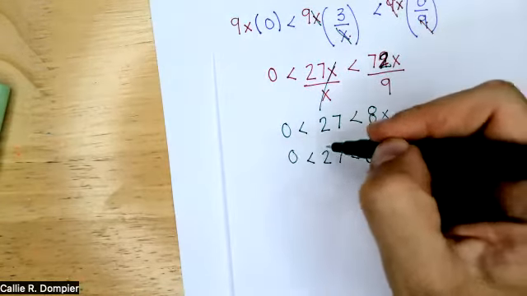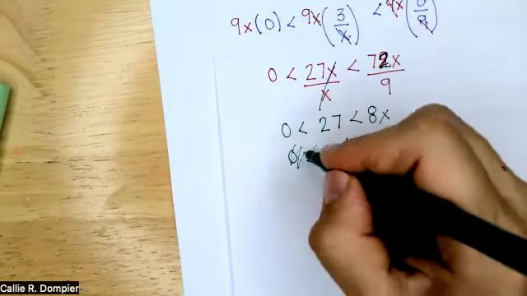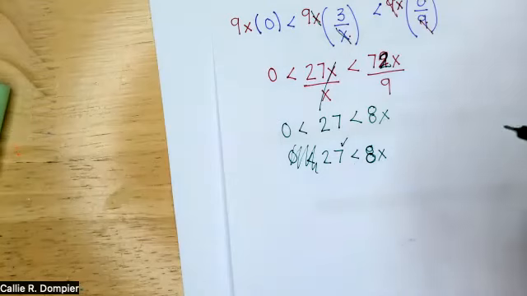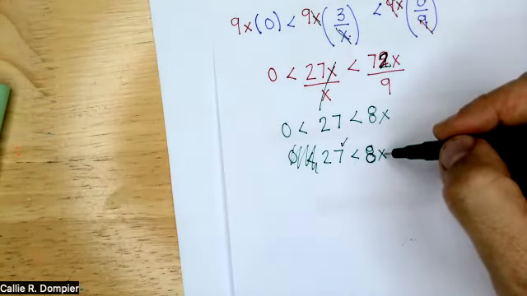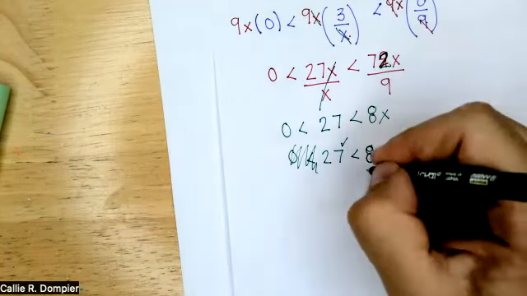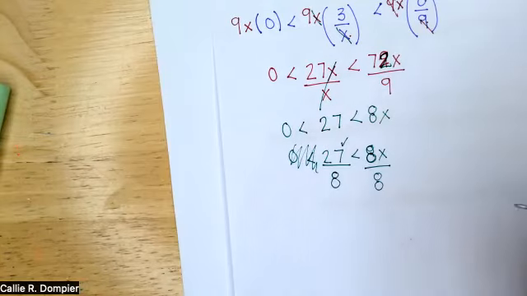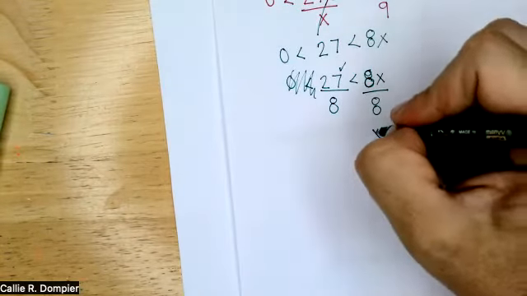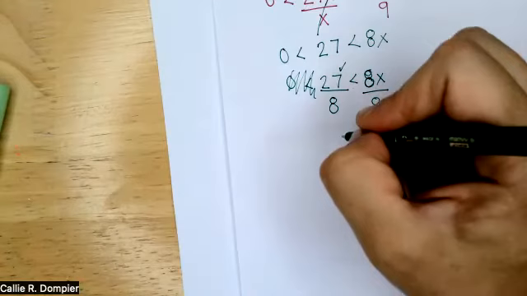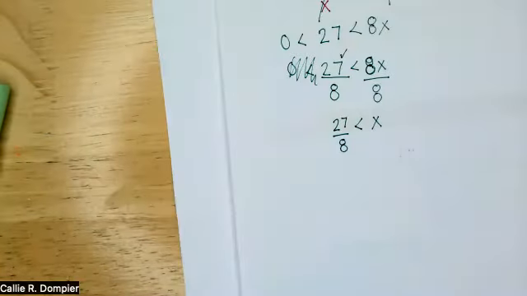Is 0 less than 27? Yes. I can now just ignore this part. This part can fall off. It does not matter because it does not include the x, okay? Now, all I need to do is divide by 8, divide by 8. X is greater than 27/8.